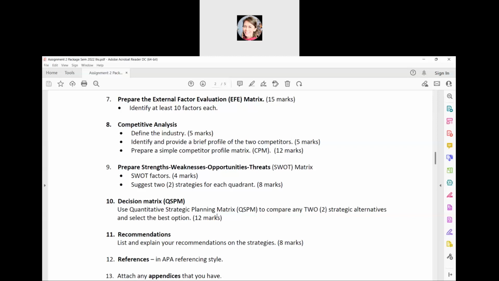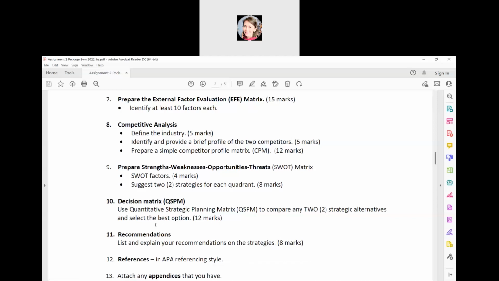So what basically happens here is that you will carry forward information from stage two to be added to the QSPM matrix. And of course, like I said before, in your previous SWOT matrix, you have to carry two strategic alternatives. In QSPM, this is where you select the best option.